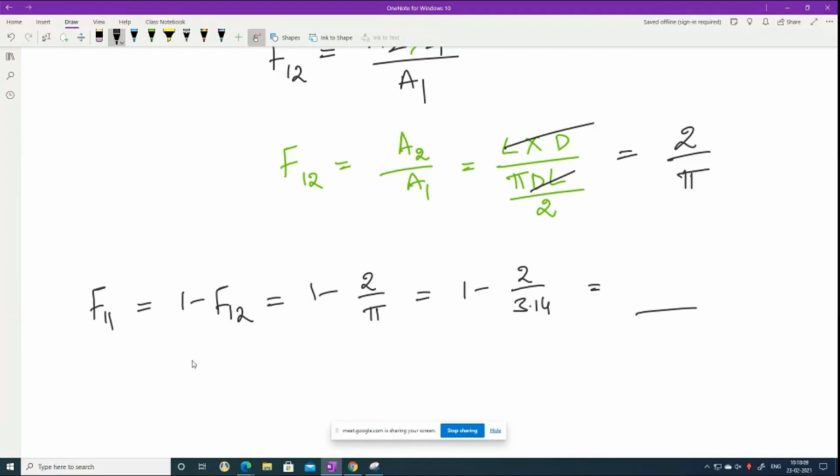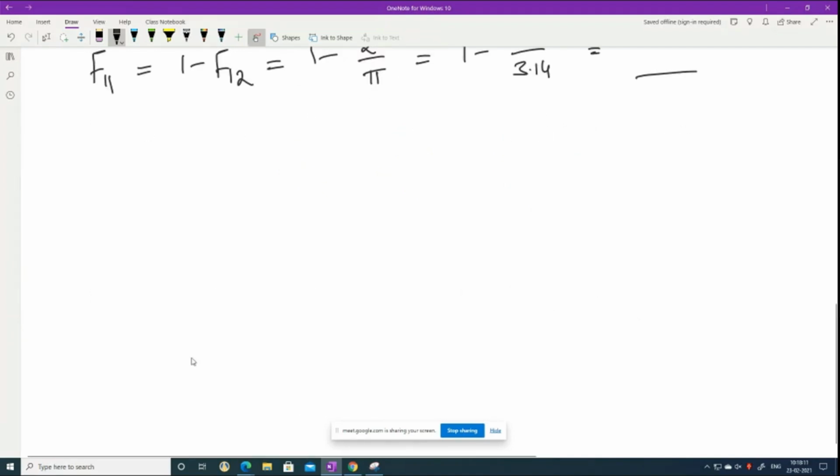Right. Let us move to the next topic now. This is an important thing here. Here, what we do is we take the radiation heat exchange between two infinitely parallel gray bodies. Let me write that.